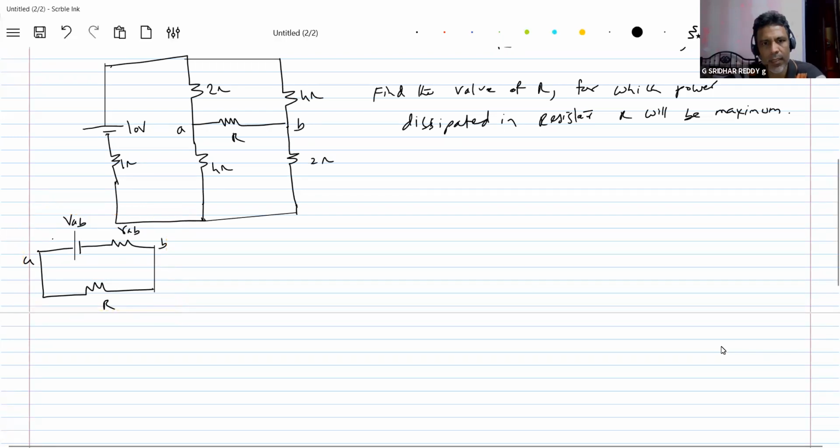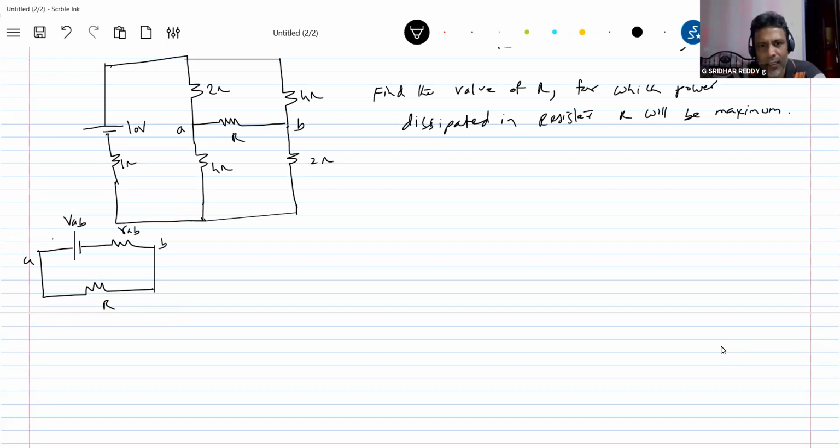I'll continue the problem. What I'm suggesting is, where the battery is there, replace the battery with its internal resistance. It's a method. You can follow it.